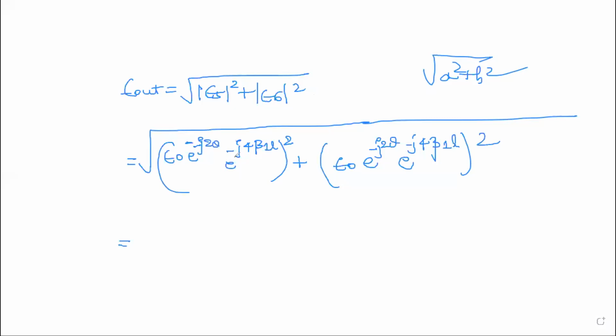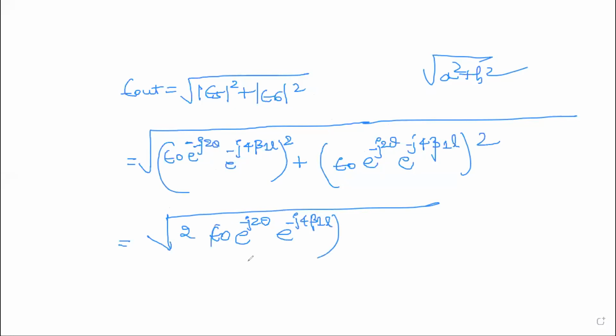Square root of A square plus B square. What will be the equation here? You can see both the terms are the same, E naught e to the power minus j 2 theta e to the power minus j 4 beta 1 L. So you'll get 2 times of this equation, correct? If you do the addition, it is 2 times of E naught e to the power minus j 2 theta e to the power minus j 4 beta 1 L whole square.